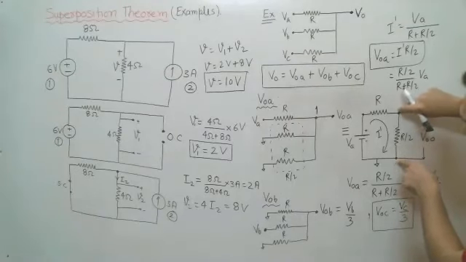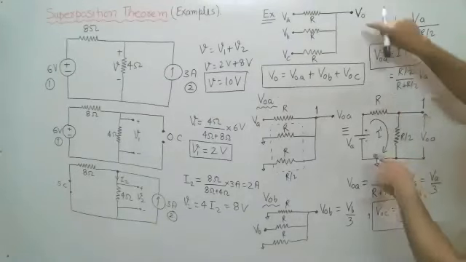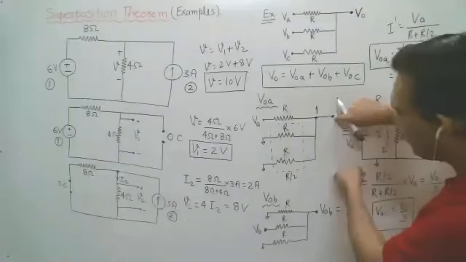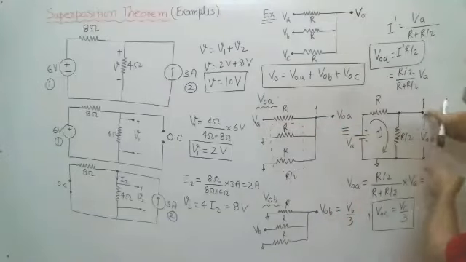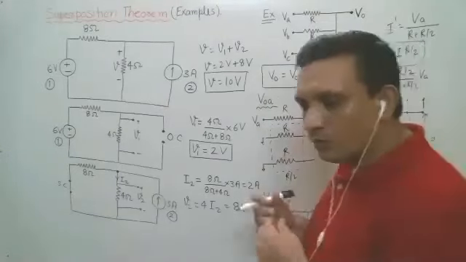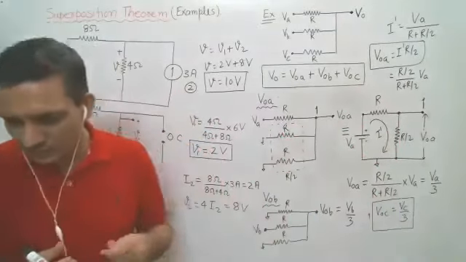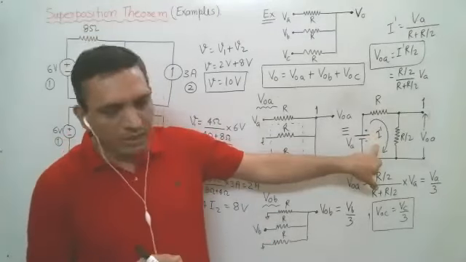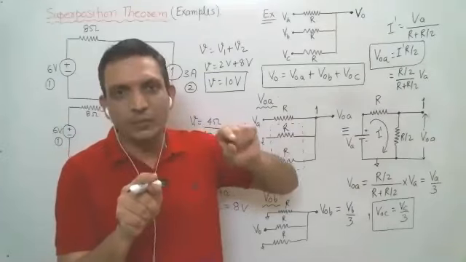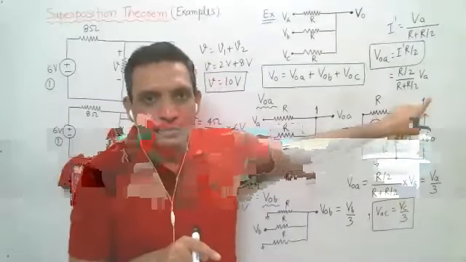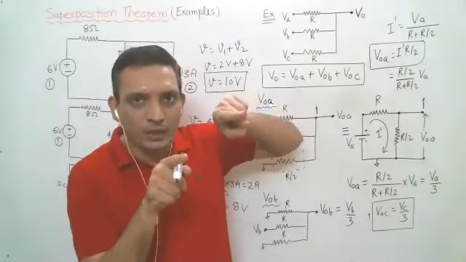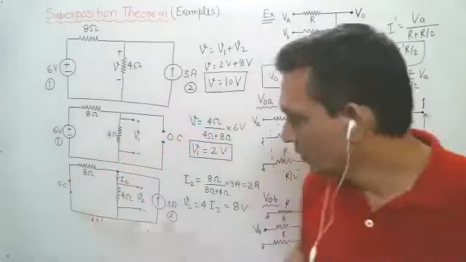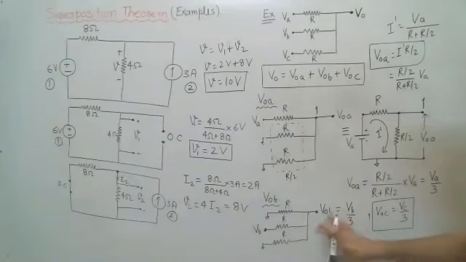You have to calculate this voltage with respect to ground. So what will be this voltage with respect to ground? That is the voltage drop across R by 2, as you can see from this circuit. Now you can see which drop you have to find. So V0A is the drop across R by 2.